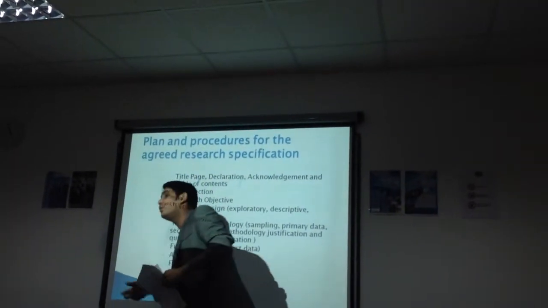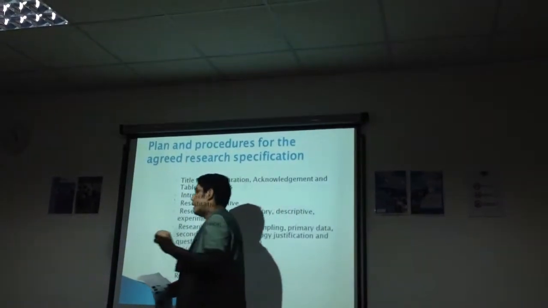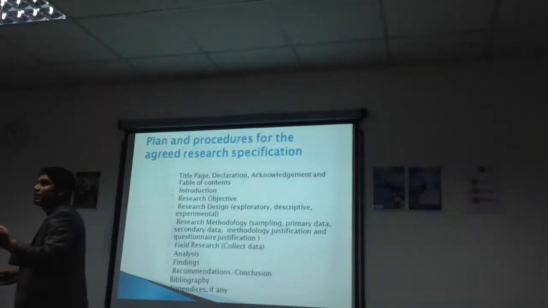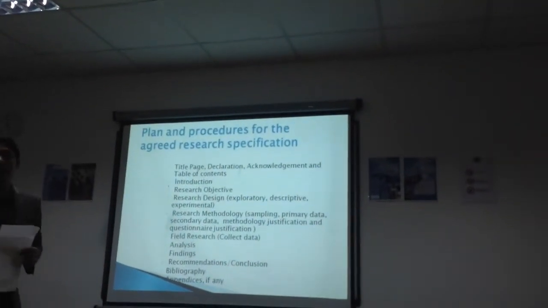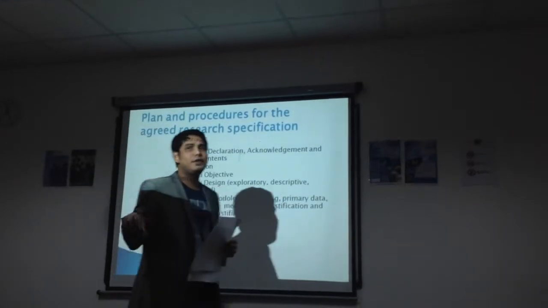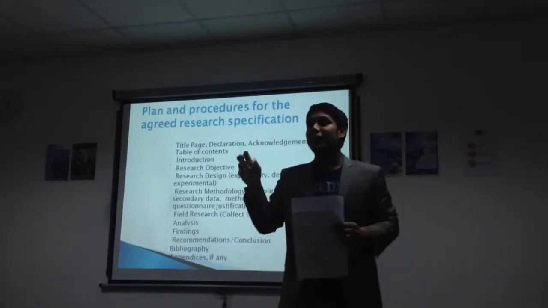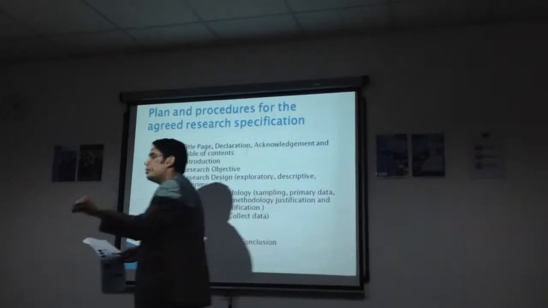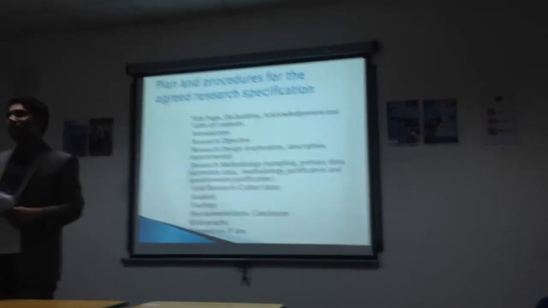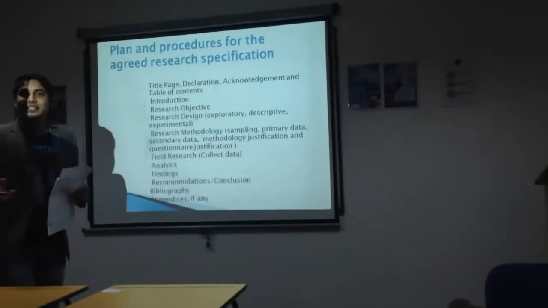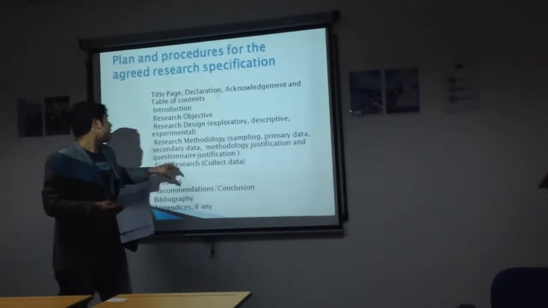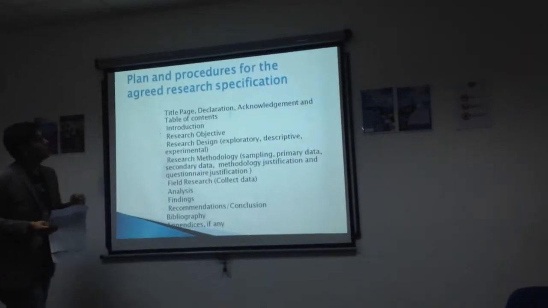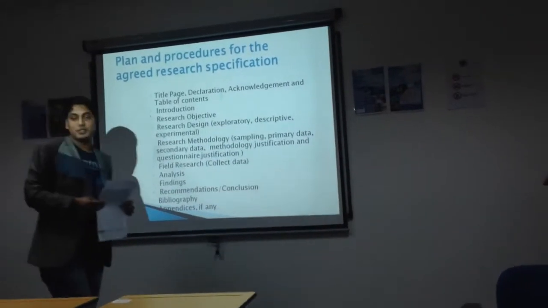That is the most important part of a research project, because if you're referencing something, like if you use some literature or some data, you have to reference it, and in your bibliography you have to mention when you use this data, how you use this information, and where it comes from. So the bibliography is the most important thing to plan procedures of an agreed research specification. Next one, please.